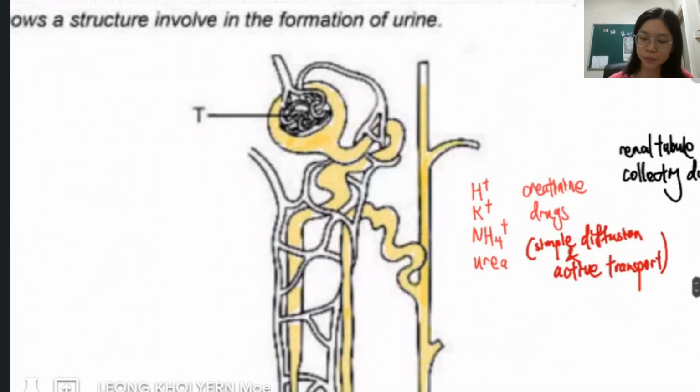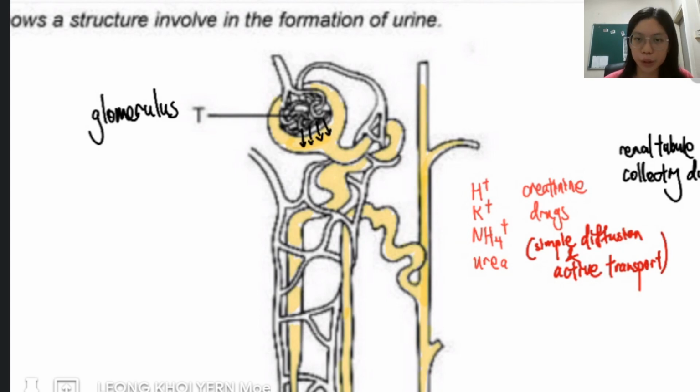Basically, this is your glomerulus. It's actually like a ball of blood vessels right here. During the glomerulus part, some of the fluid will enter the Bowman capsule.